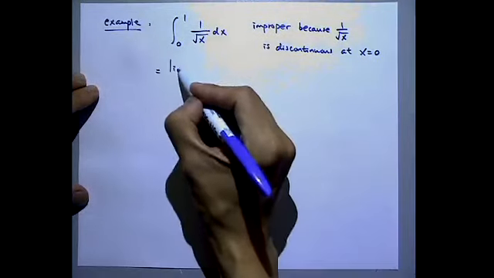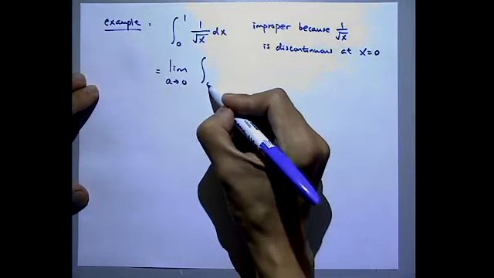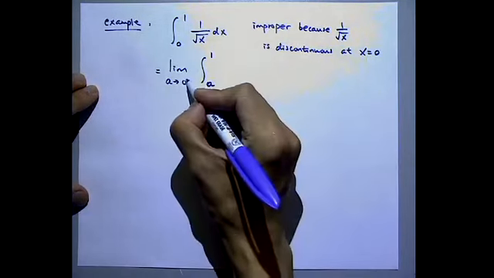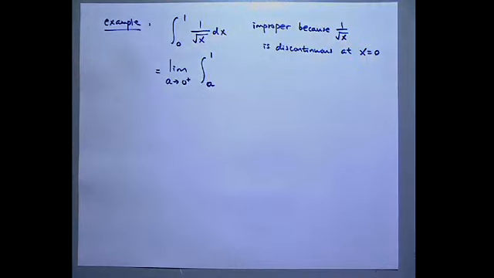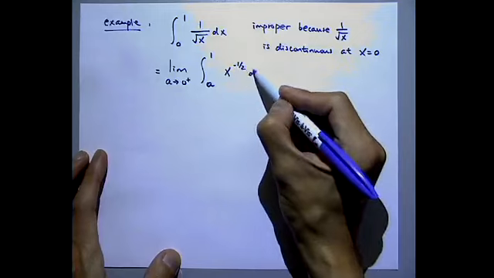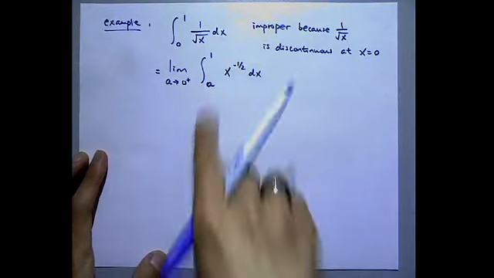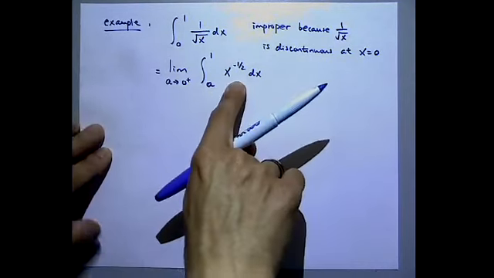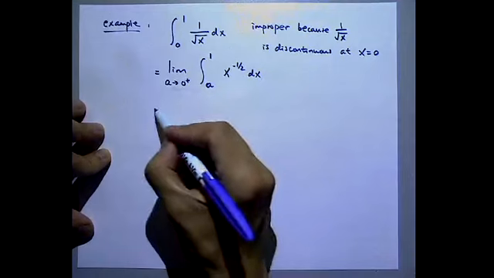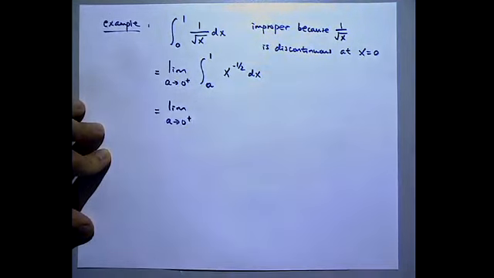All right, so same trick. We'll start at a, and we let a get closer and closer to 0 from the right side. Because a is a number now, we can deal with it. That's a number where this thing is defined. We can apply the fundamental theorem of calculus safely and directly. What do we get?